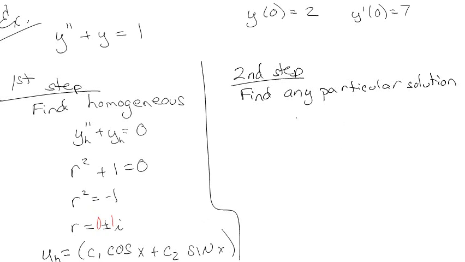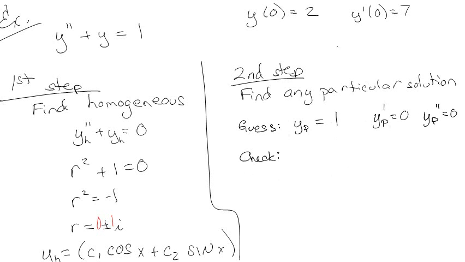Now, I'm going to go out on a limb, and because I know the answer, I'm going to guess a particular solution is just 1, just the number 1. No function, no nothing, just 1. So let's check, make sure we're right. Since y particular is 1, that means that y particular prime is 0, and y particular double prime is still 0.